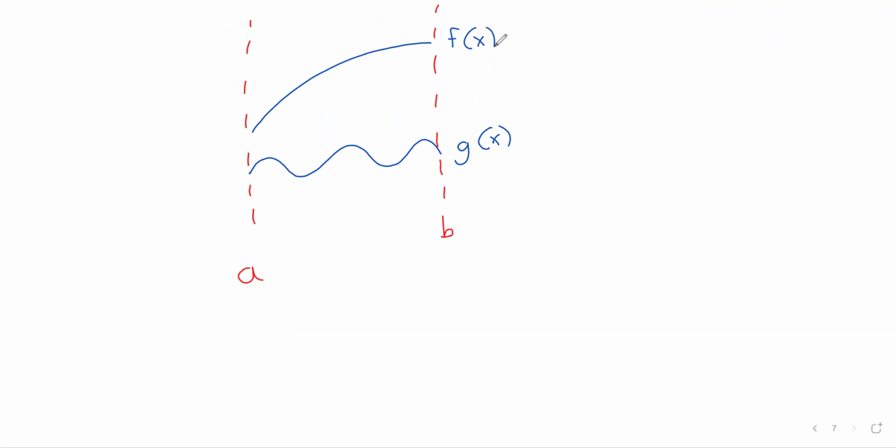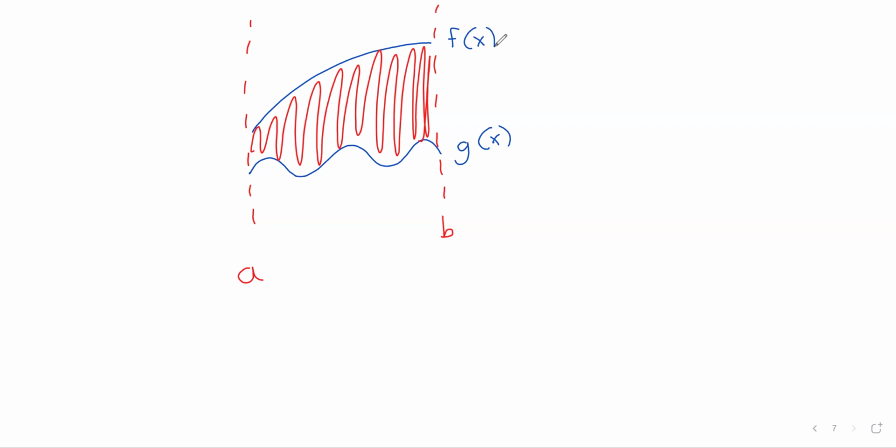We're still going from A to B. And we want the area between these curves. And we'll talk about why in a moment. This is much more important than it probably looks. But for now, let's try to find a formula.